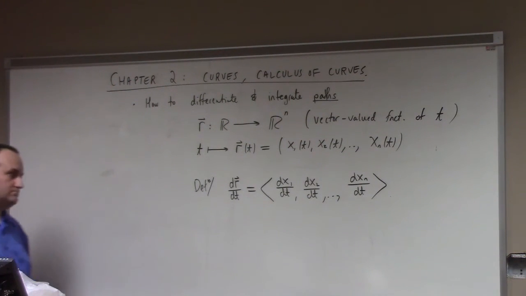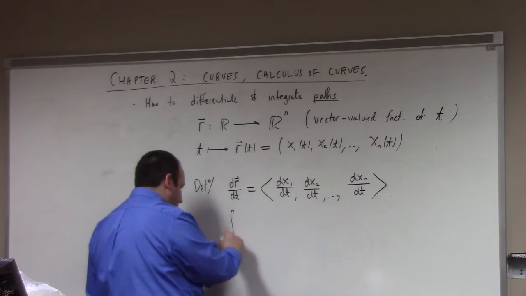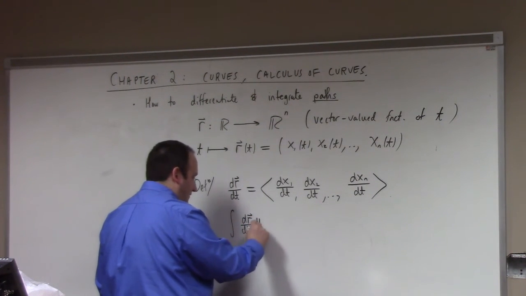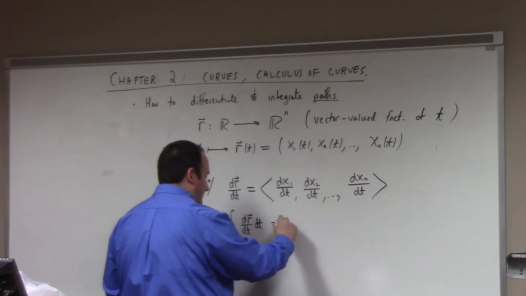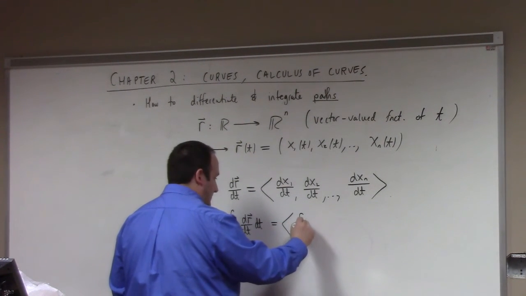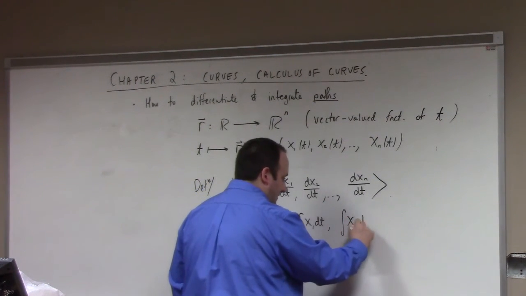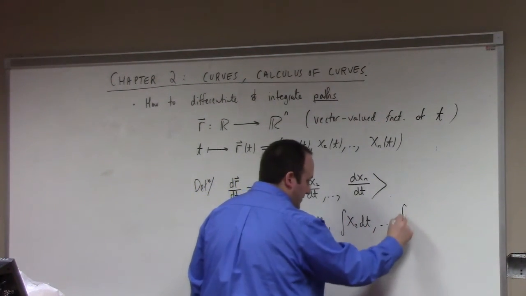Right? What's the integral? This would be the indefinite integral, but the integral of dr dt is, surprisingly, the integral of x1 dt, the integral of x2 dt, the integral of xn dt.